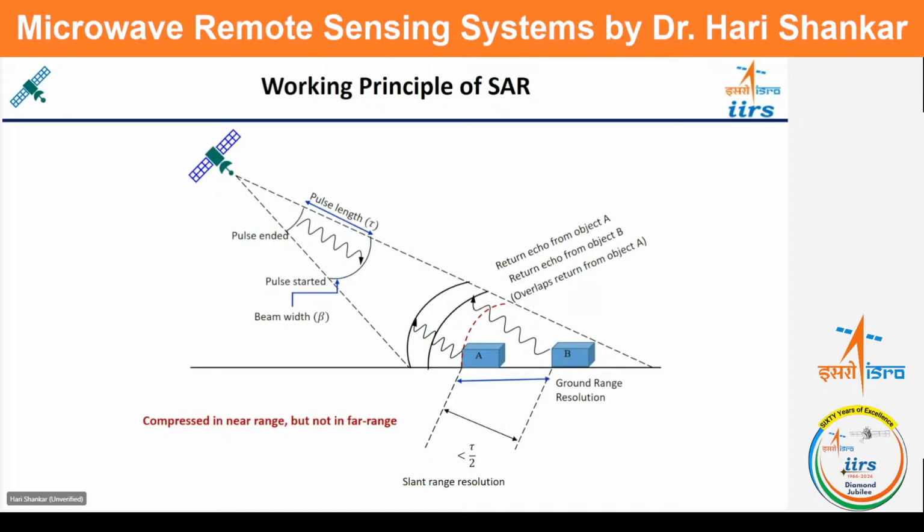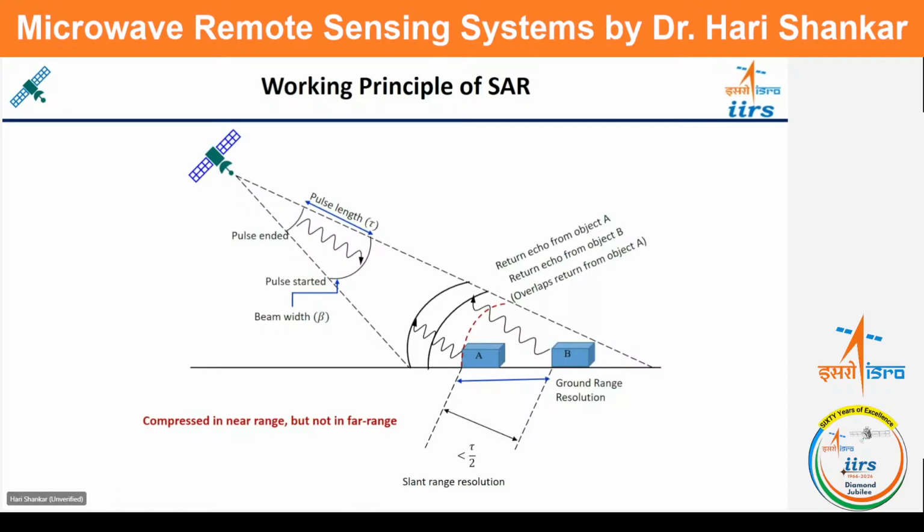So now this is the working principle of the SAR, the synthetic aperture radar. Here you can see this is the radar, especially the space-borne radar, and this is the Earth surface. Now here you can see two targets are put, target A and target B, and the signal is transmitted from here.